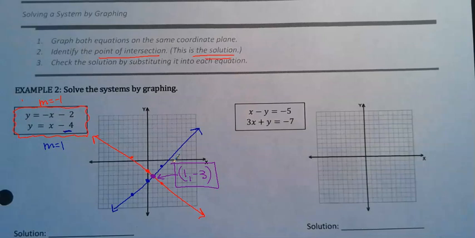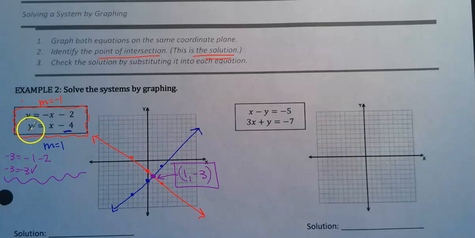And so now I need to check it. So y is -3 equals 1 minus 2... sorry, for the first equation, -3 equals -1 minus 2. -1 minus 2 is -3, so that one checks out.